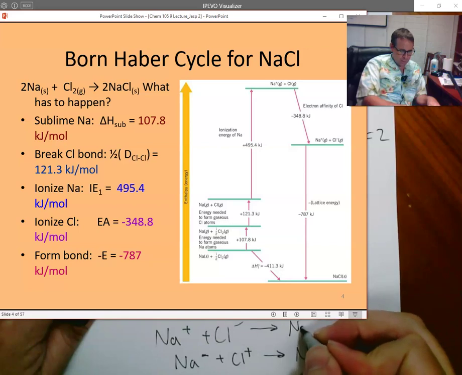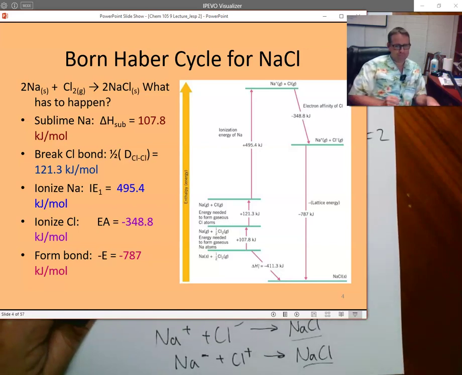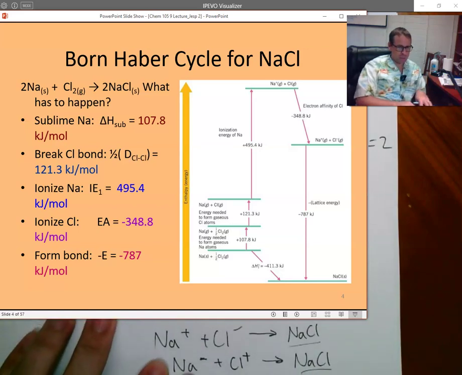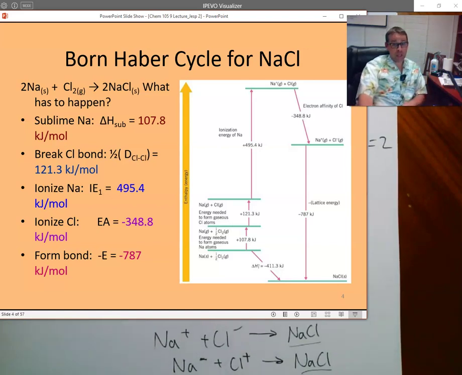Wouldn't they still form sodium chloride, with similar lattice energy? Does everybody understand that question? Why can't sodium be the one to take the electrons? Why can't we just mix it up? What if sodium doesn't want to give up its electrons sometimes?